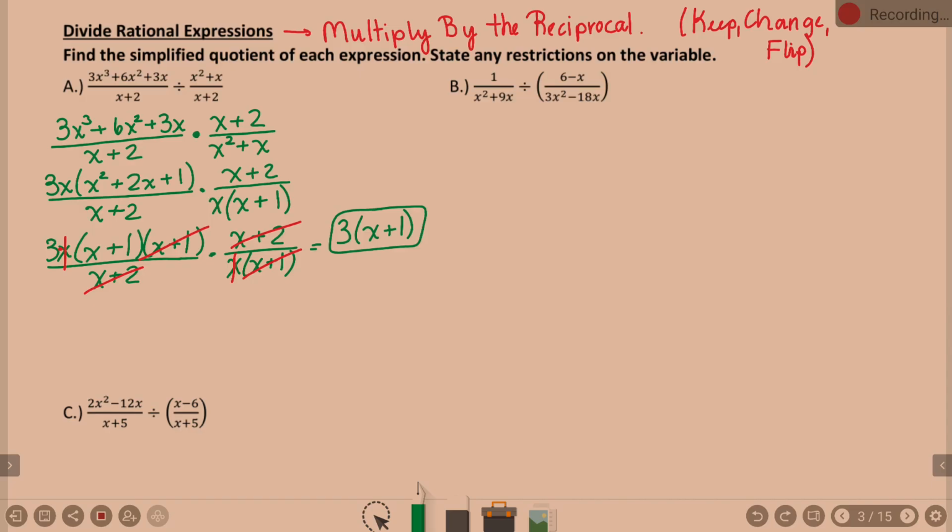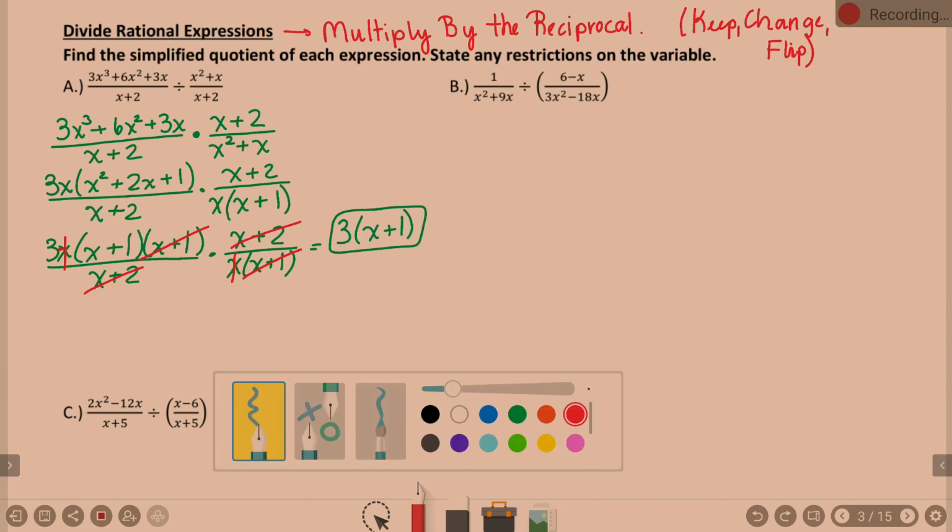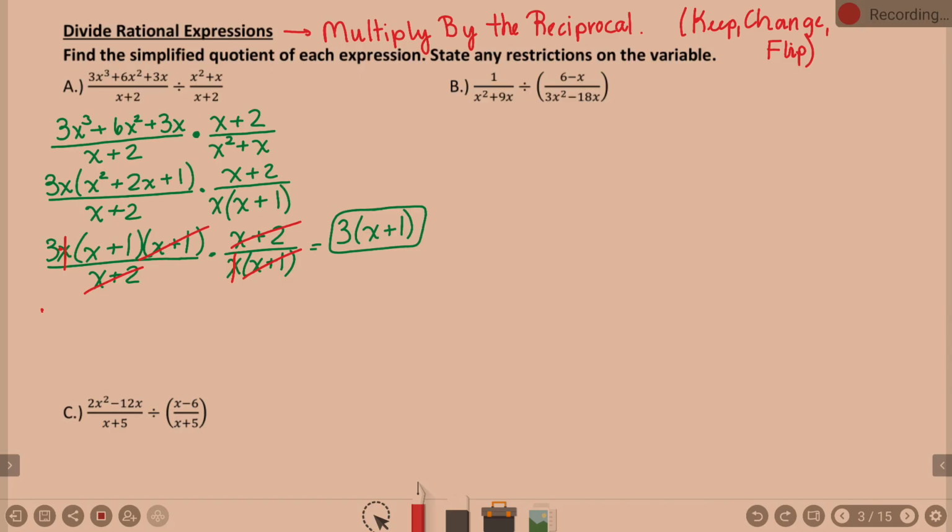Okay? So, dividing fractions, start with keep, change, flip, and then it's no different than multiplying fractions. Now, the one thing we do need to talk about is restrictions. And there is a slight twist on the restrictions that we have to be aware of. How do we find our restrictions?